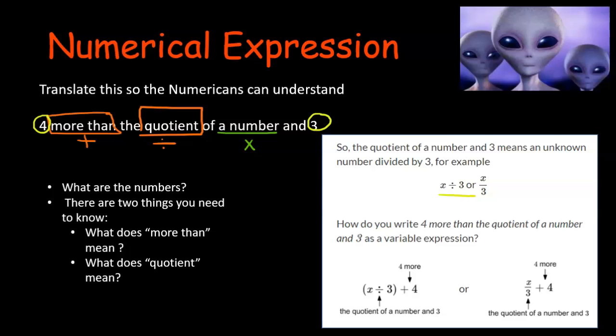Or we can make it a fraction. I like to think of the division problems as fractions. X divided by 3. But we also have this 4 more than hanging out over here. So what does 4 more mean? So you add 4 to the x divided by 3. So x divided by 3 plus 4. That's how you break it down.